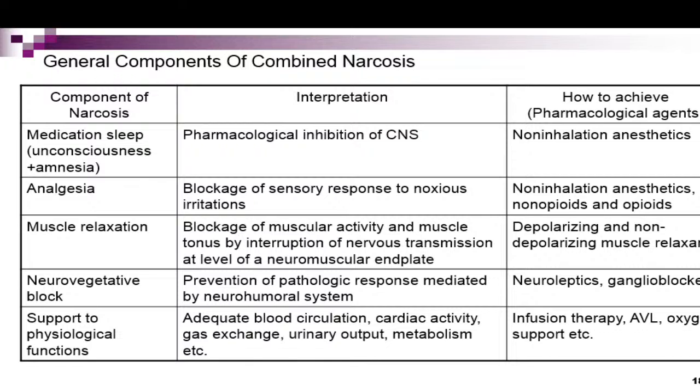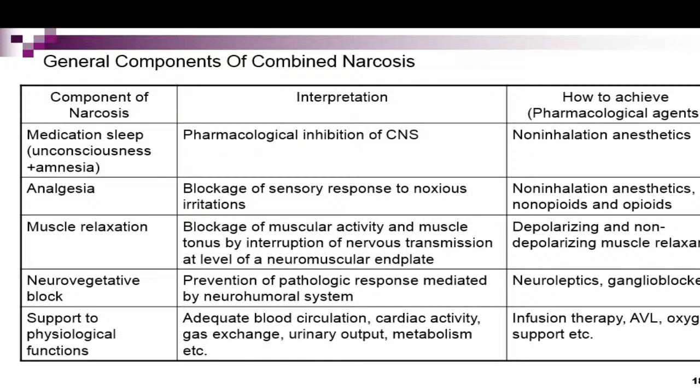Second component, analgesia, blockage of sensory response to pain. We should use non-inhalation anesthetics in combination with non-opioids and opioids. Opioids are drugs for suppression of pain activity, pain sensation. They produce a very specific effect.